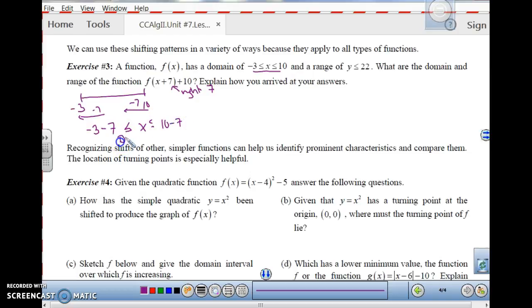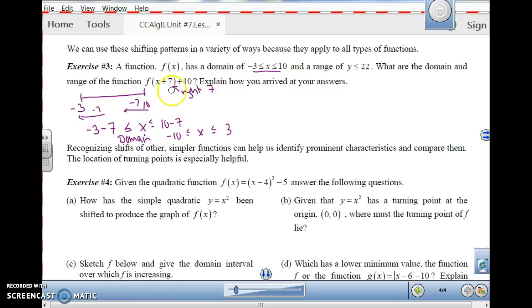So your domain will now be from -10 to 3. So the graph is going to shift this way 7. Or excuse me, left 7, not right 7. Wrote the wrong one. Should be the left 7. So it's going to go in that direction.